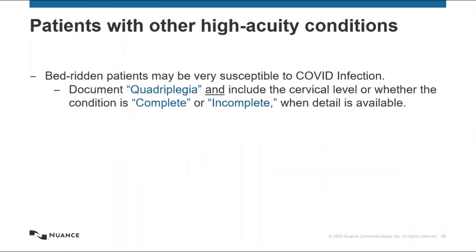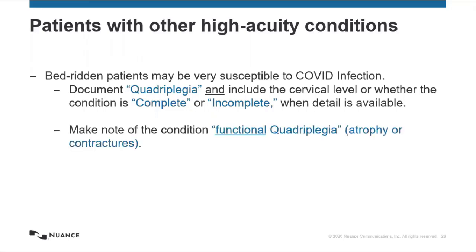Bedridden patients are going to be at risk for COVID infection also. Quadriplegia is an important one for us to capture, and we'd like to know the cervical level if we've got it, or complete or incomplete if we've got it. There's an important concept that often gets overlooked, and that's something called functional quadriplegia. This is not necessarily a spinal cord injury. This is more related to atrophy or contractures being the reason for the quadriplegia.